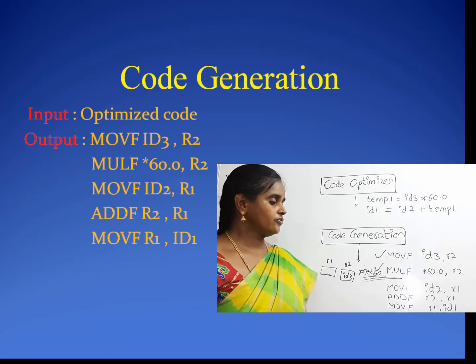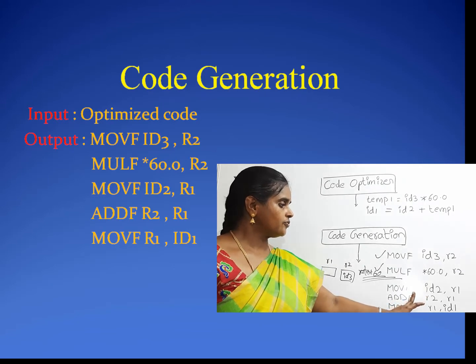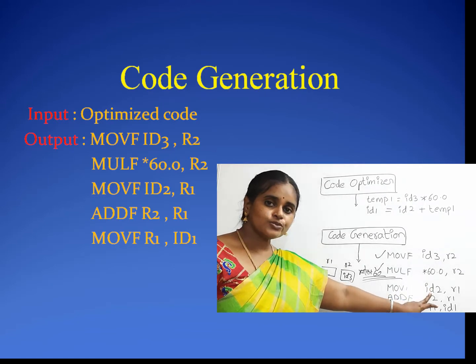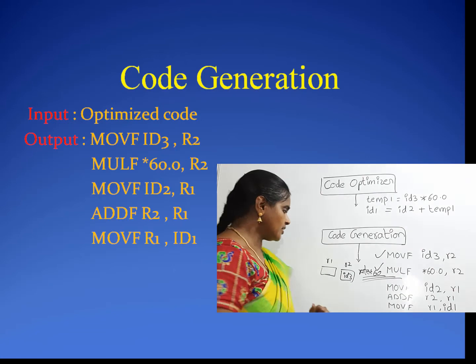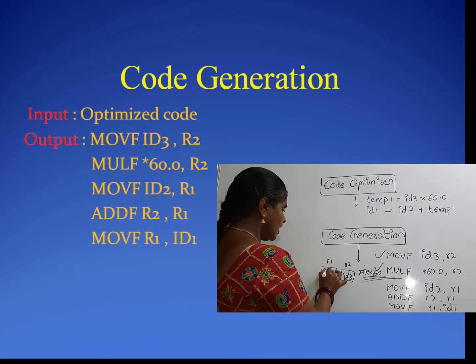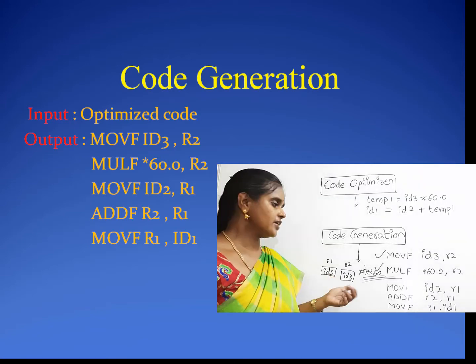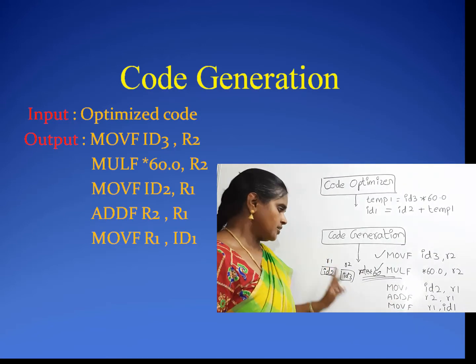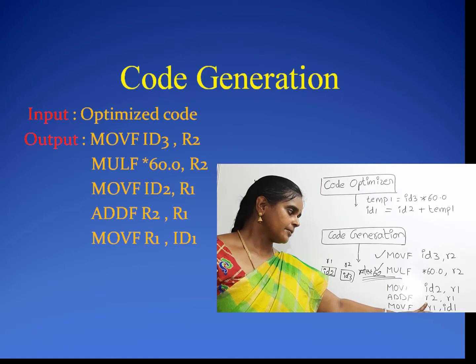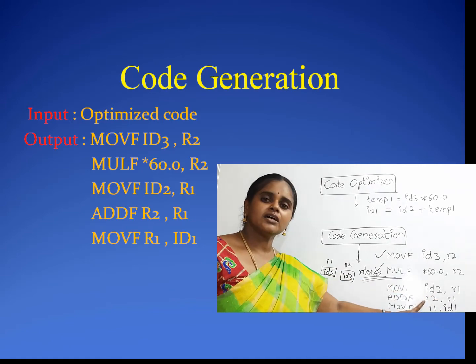Next, move F. Here it moves the ID2 value into another register. Now our R1 register consists of ID2. With this R1 you are summing up the R1 value with the R2 value.